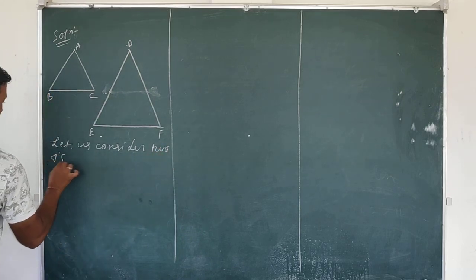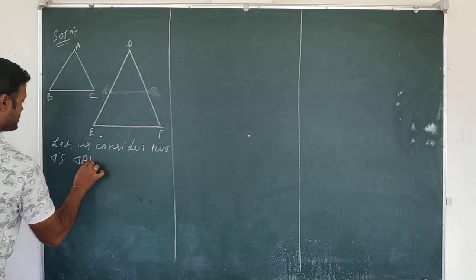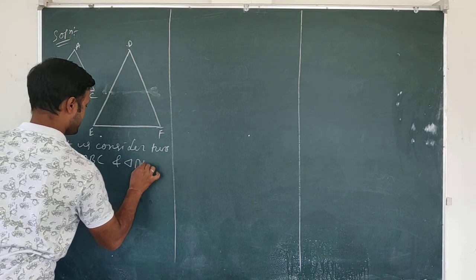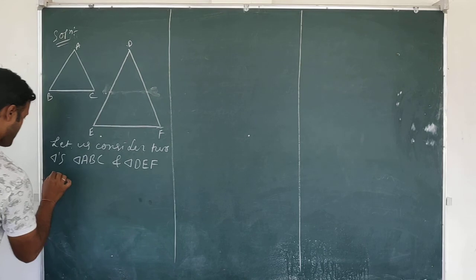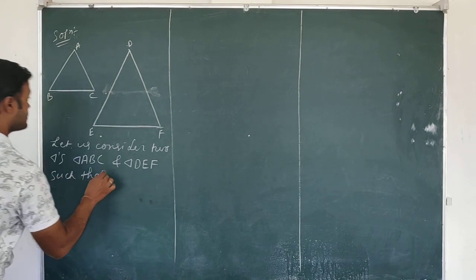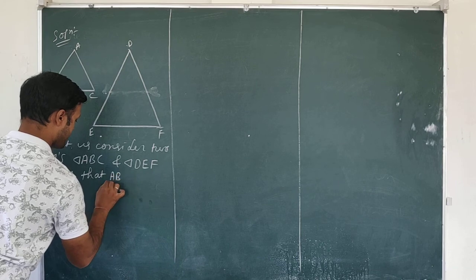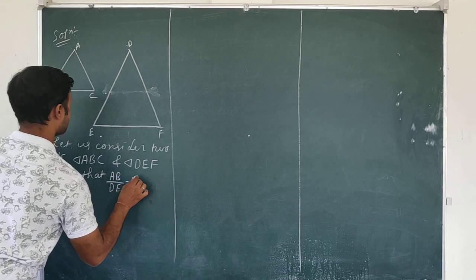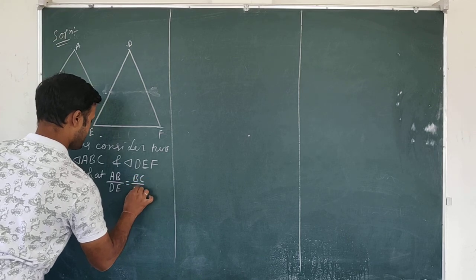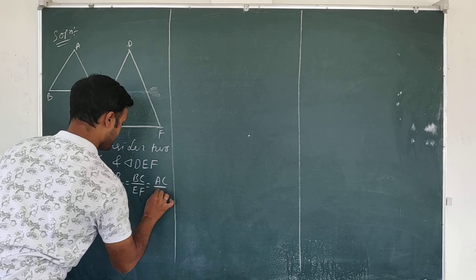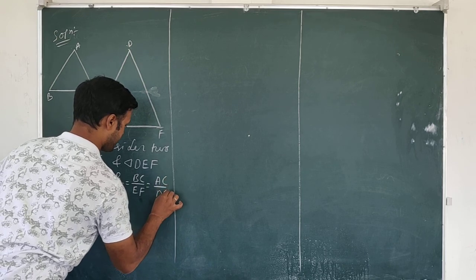Let us consider two triangles, triangle ABC and triangle DEF, such that AB by DE is equal to BC by EF is equal to AC by DF.